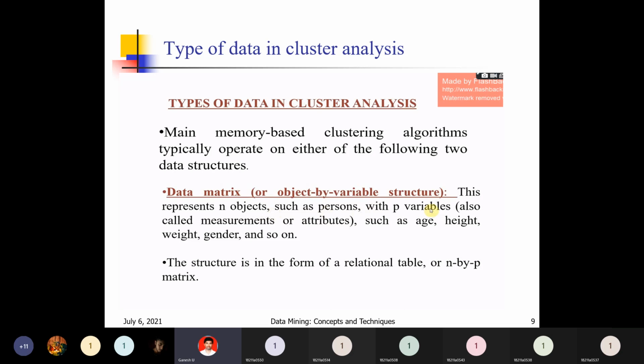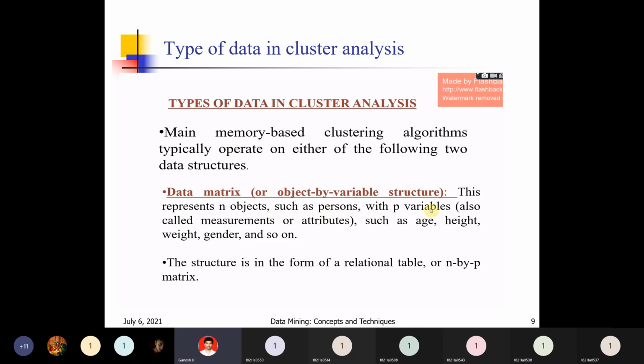For the first employee, what is the ID? Then age is the second column, salary the third column, address the fourth column, then full address, permanent address, temporary address. These are all the different attributes related to employee 1.